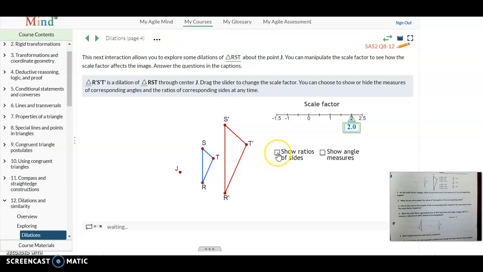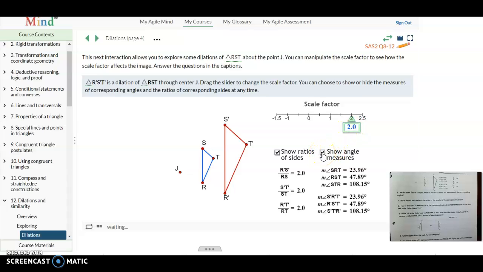So I'm going to show a couple of calculations here. Here it shows the ratios of the sides, and it's just showing us that each of the image sides compared to the original or pre-image side has a ratio of 2, just like our scale factor. If I look at the angle measures, the important thing to notice is that when we dilate a figure, the angle measures are not changing.